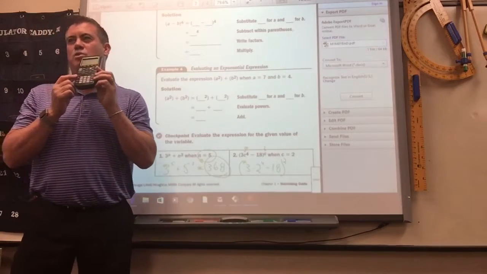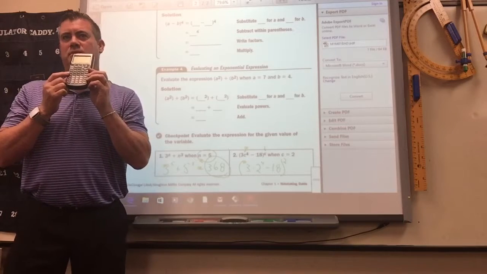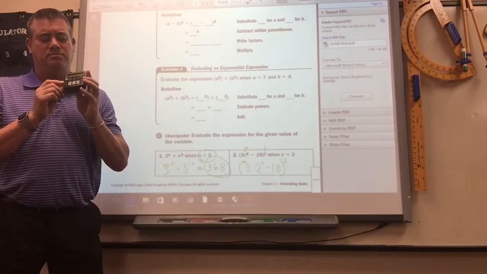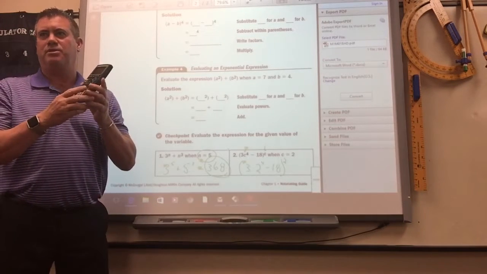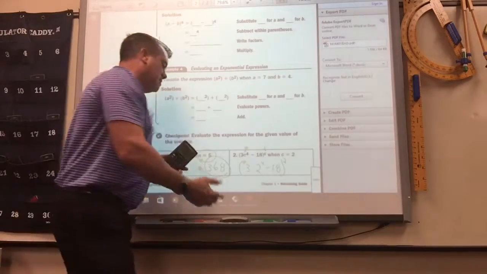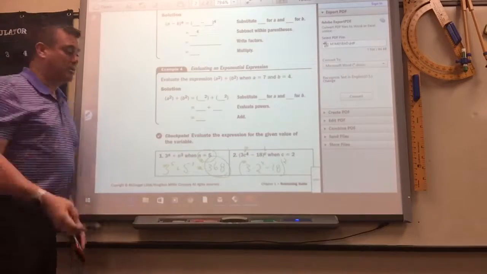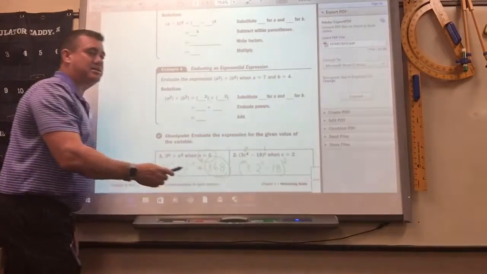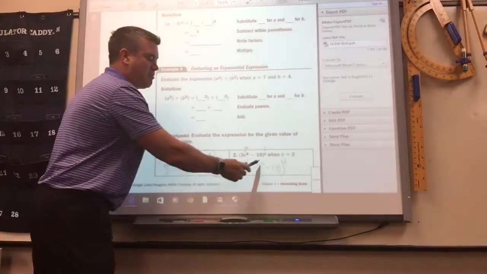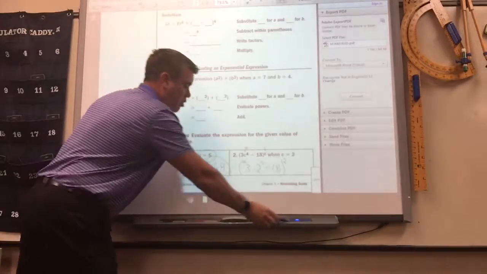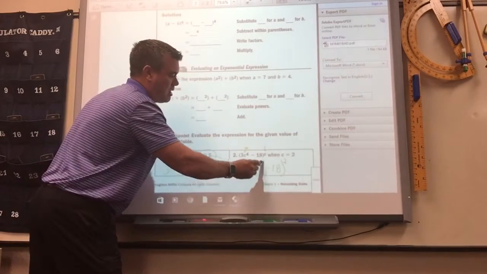All calculators, remember, have a squared button too, an x squared, because it's used so often. Or you could use the up arrow key too, it doesn't matter. Just remember this, sometimes people do this, they'll go 3 times 2 is 6, and then they'll raise that to the 4th power. Remember, the only thing being raised to the 4th power is the 2.